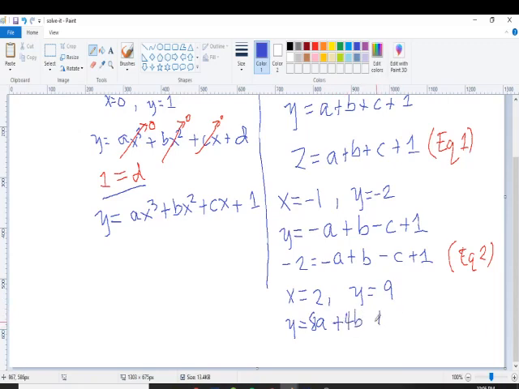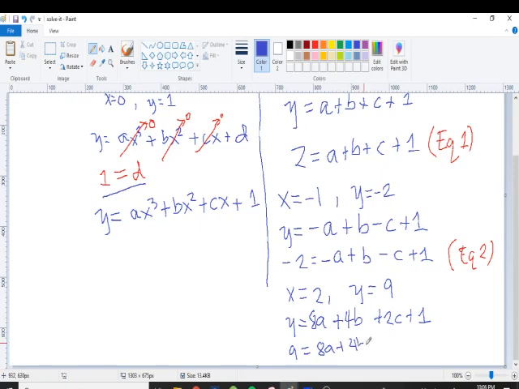And then of course 2c plus 1. And of course y equals 9. So 9 equals 8a plus 4b plus 2c plus 1. This is equation 3.